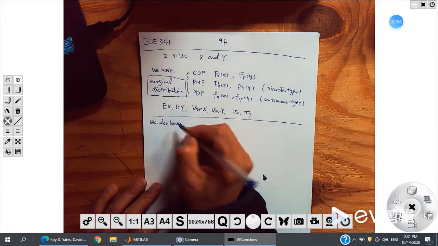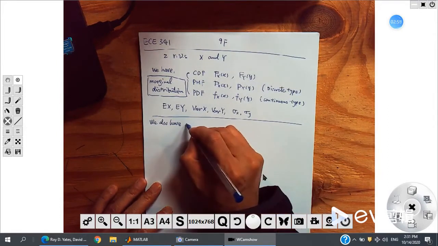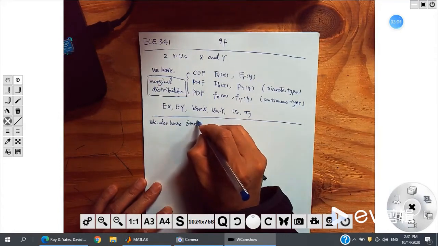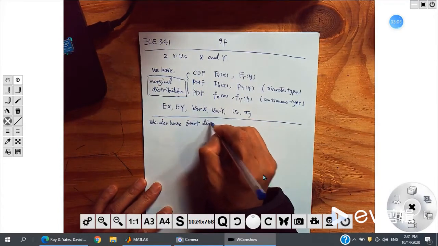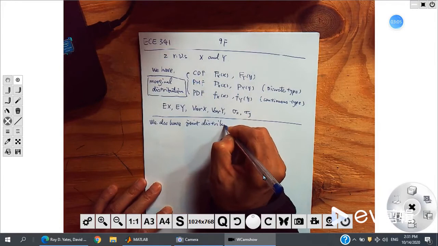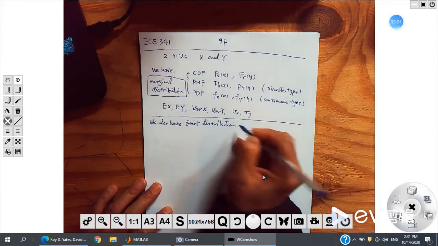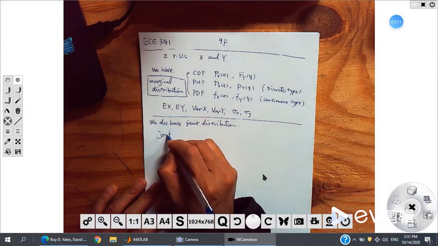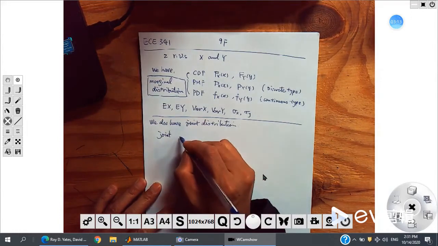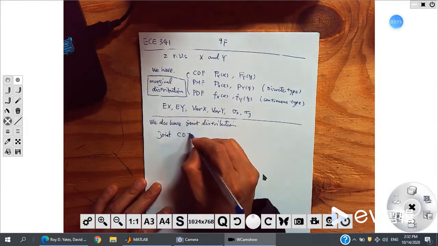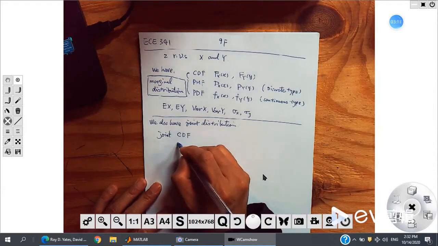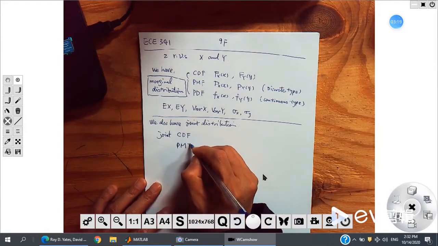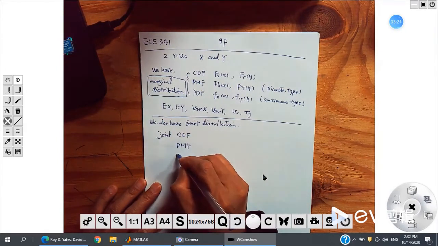Then we also have the joint distribution. We have the joint functions: the CDF, the PMF, and PDF, right?